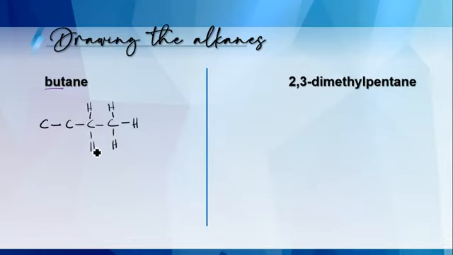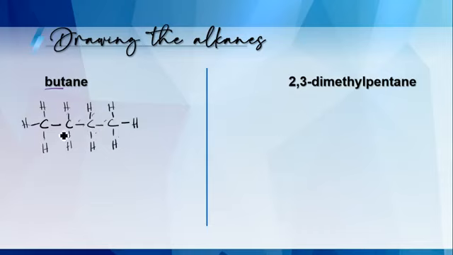So this is the last part. Remember, after you draw, you must check that each carbon has 4 bonds. This carbon 1, 2, 3, 4. This carbon 1, 2, 3, 4. This carbon 1, 2, 3, 4. This carbon 1, 2, 3, 4. So all have 4.